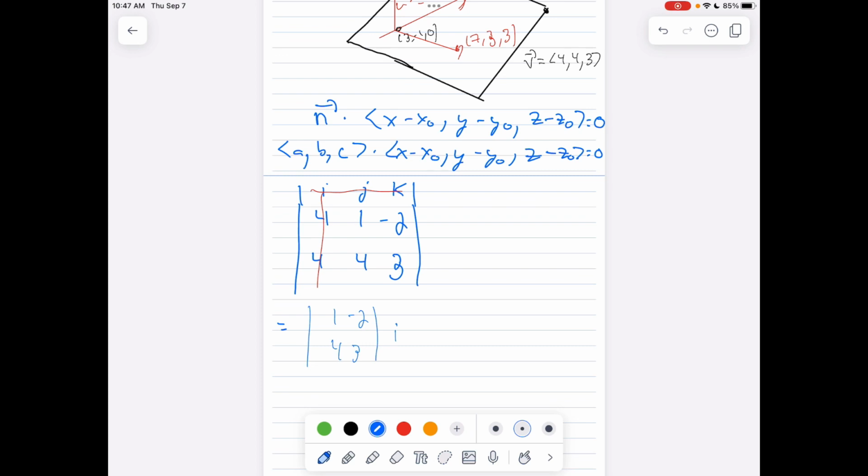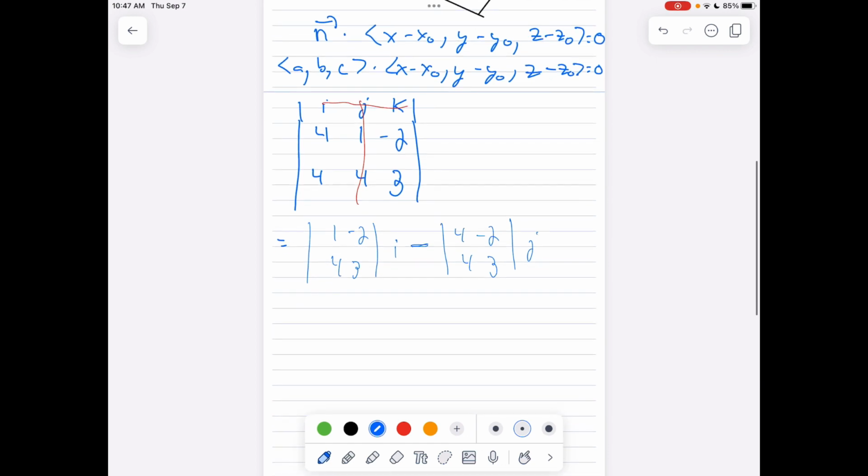The next one is a minus, and it corresponds to the j component, which is 4, -2, 4, 3.